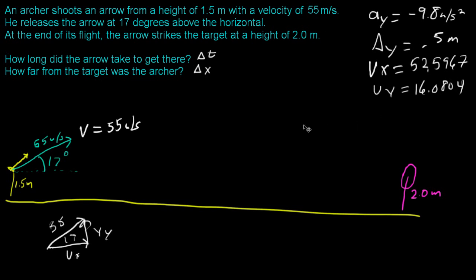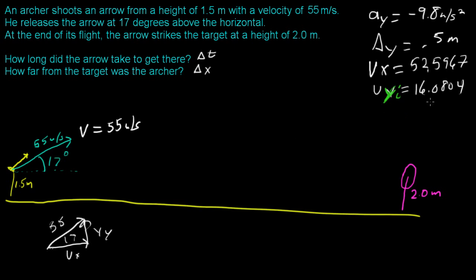Now note two things here. First thing I want to note is that our Vx is constant. This is going to be the Vx at the beginning and at the end, because we assume there's no acceleration. The Vy, however, is really Vyi. It's the initial y velocity.